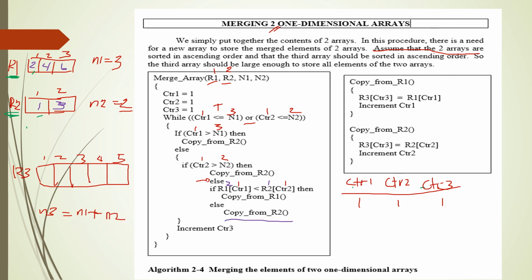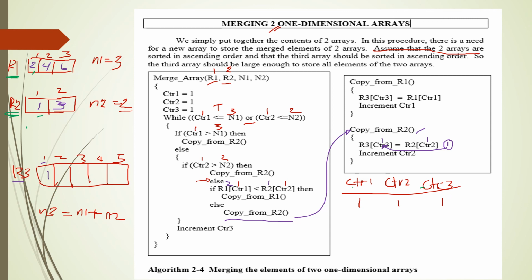So, kung false, copy from R2. Dito tayo pupunta. Okay? Counter 2 is 1, counter 3 is 1, okay? So, R2 sub 1 is still 1. That will be assigned to R3 sub 1. R3 sub 1 will be 1.